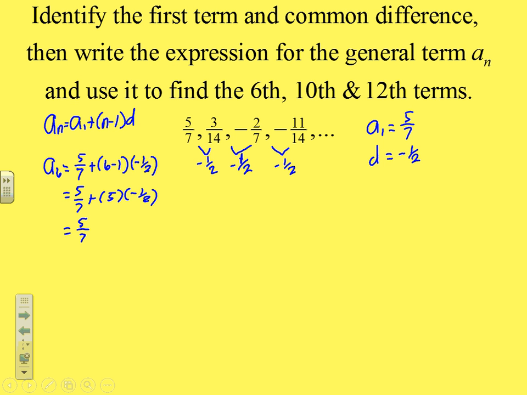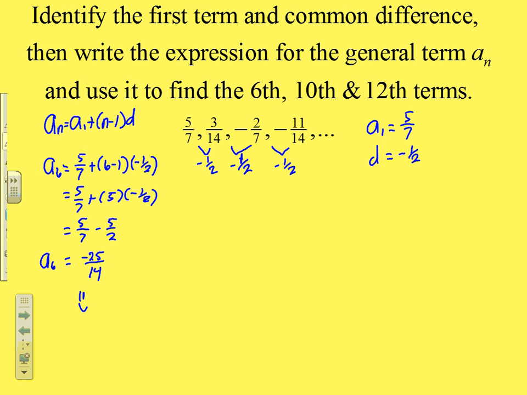So 5 times negative 1/2 is minus 5 over 2. Here the common denominator would be 14, so we get a negative 25 over 14 when we simplify. So here is a sub 6. We got one happy answer.